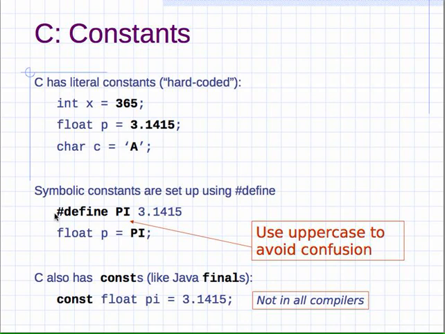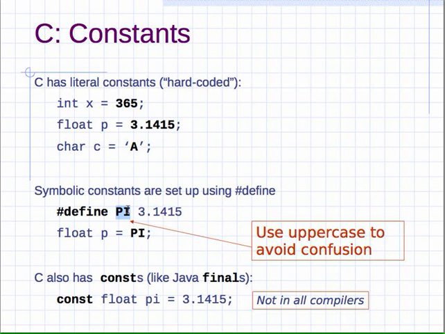Typically, we would use a pound define to say that, for example, pi is 3.1415, and you can have additional digits of accuracy. It's often, although this is not required, that almost every pound define will use uppercase letters just to avoid confusion.